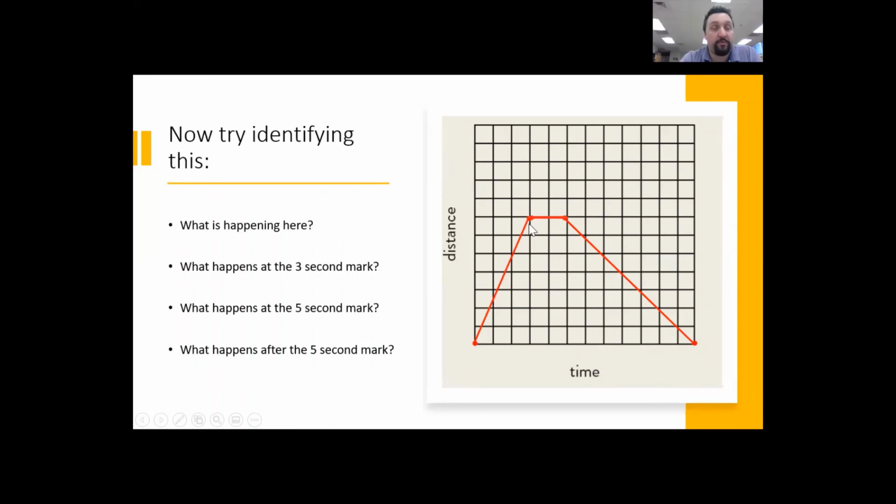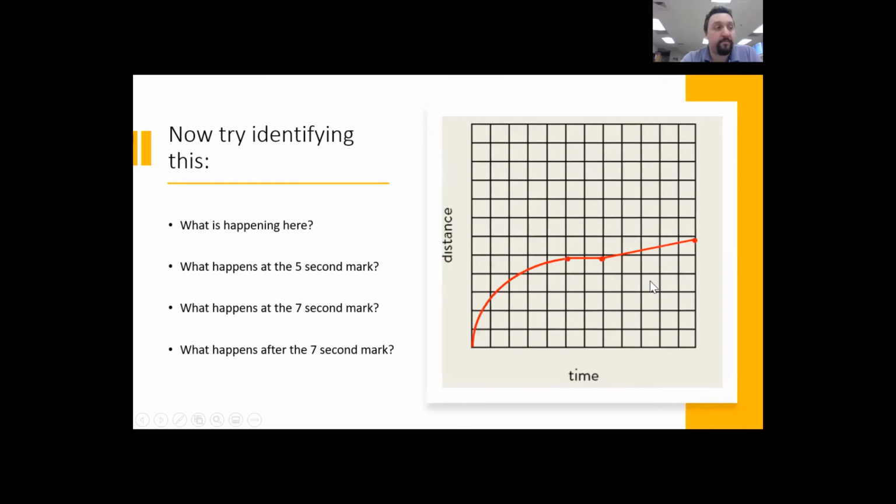Then it stops for 2 seconds, and then it goes backwards, much slower. It moves at a steady rate, rather fast, stops and goes home much slower.